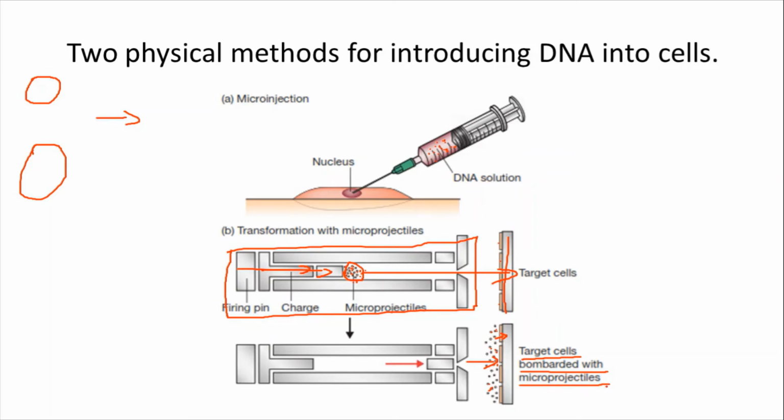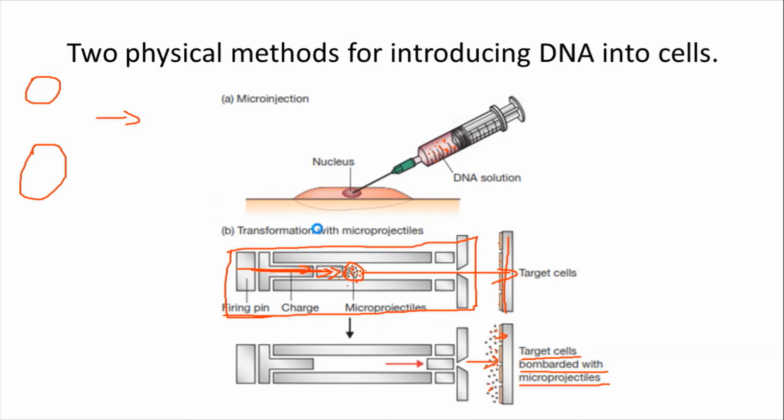So this is the firing pin, the high velocity piston. This is the microprojectile with recombinant DNA. Usually particles of gold or tungsten are coated with the DNA.